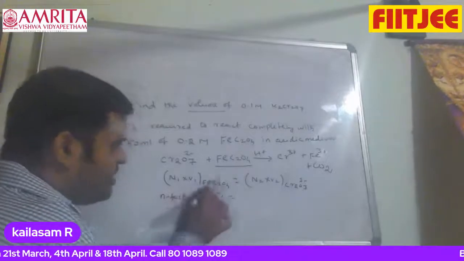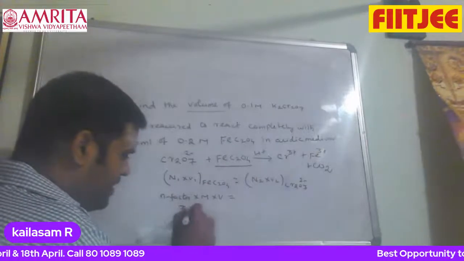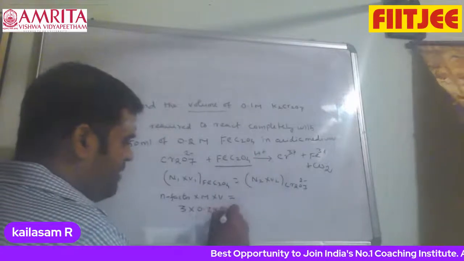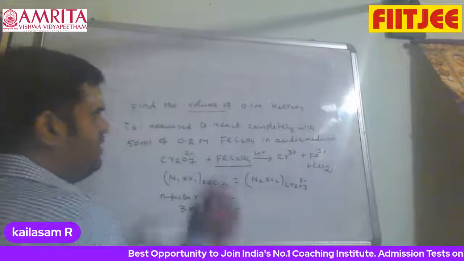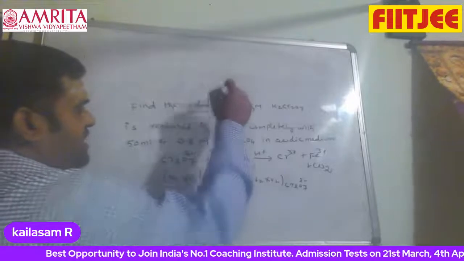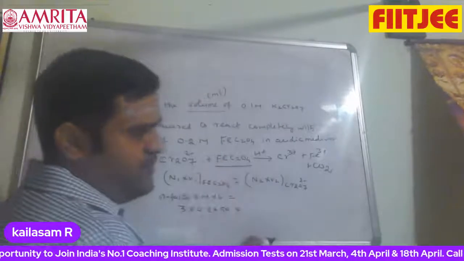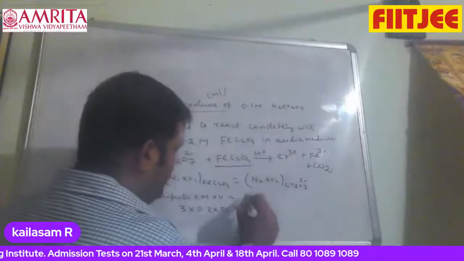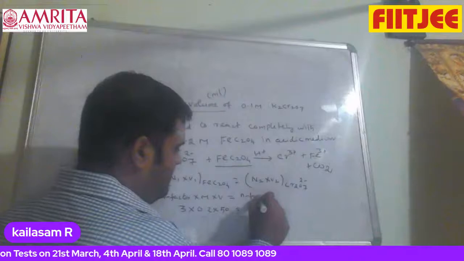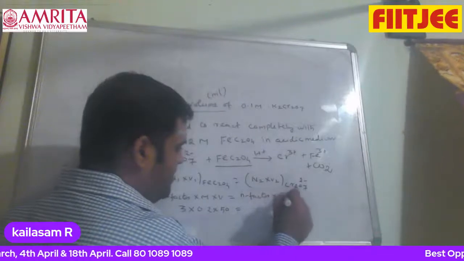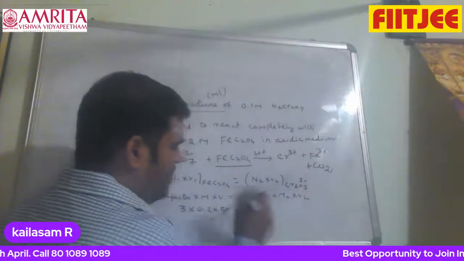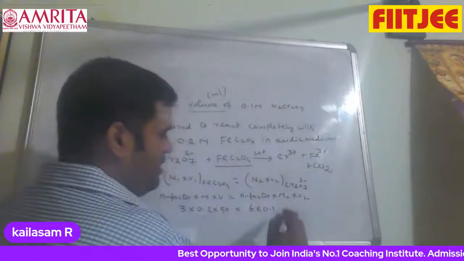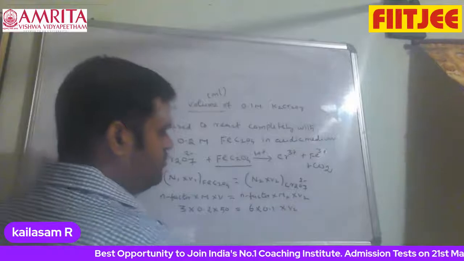What is the n factor of ferrous oxalate? 3. What is the molarity given? 0.2 molar. This is 50 ml. Volume we will take in terms of ml. Now normality is n factor into molarity. Here also n factor into M2 into V2. What is the n factor of K2Cr2O7? 6. This will be 0.1. I want to find out V2.